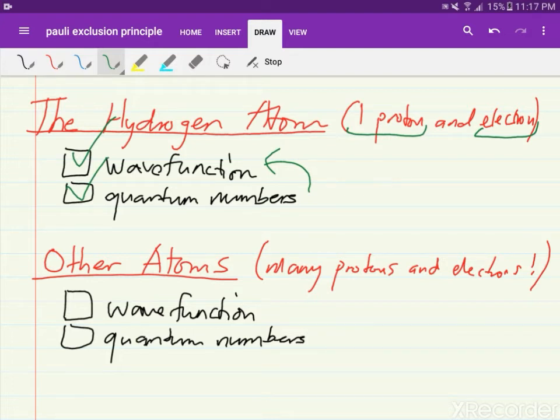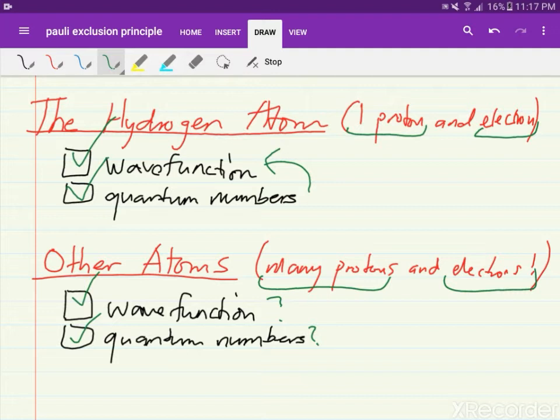So the hydrogen atom is just one proton and one electron. When we talk about many electron atoms, of course it has many protons and many electrons, just like the other elements in the periodic table. Of course, we are also interested in knowing the wave function and the quantum numbers that we will use for these other atoms.